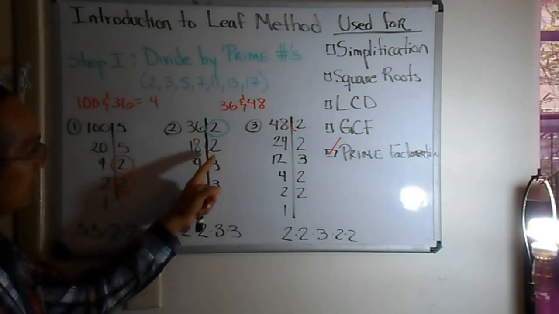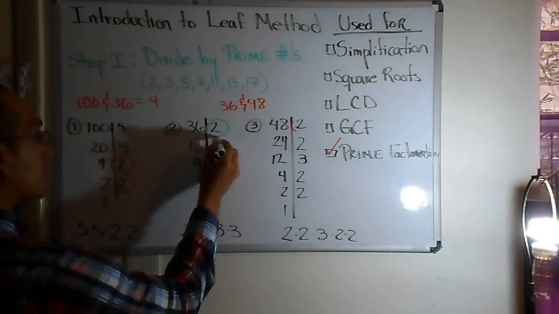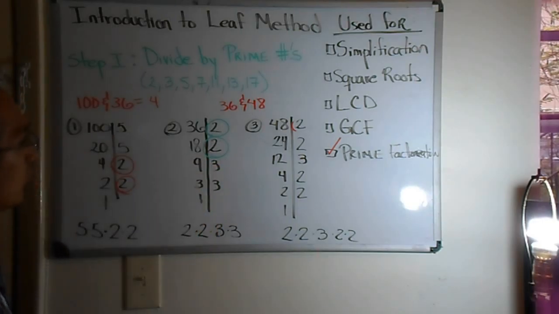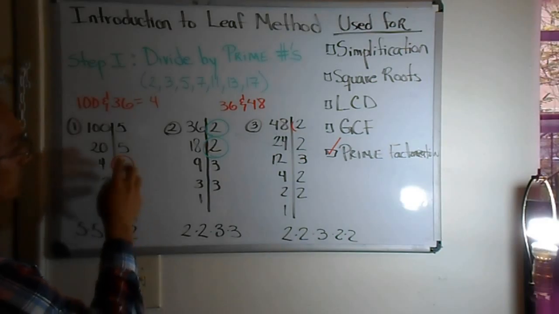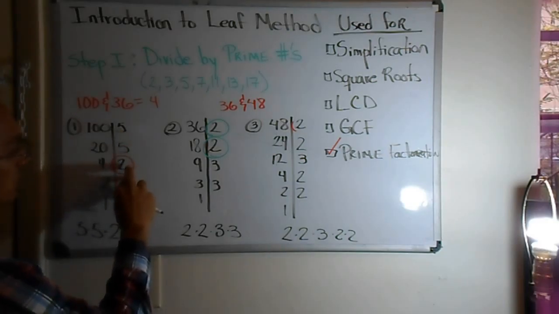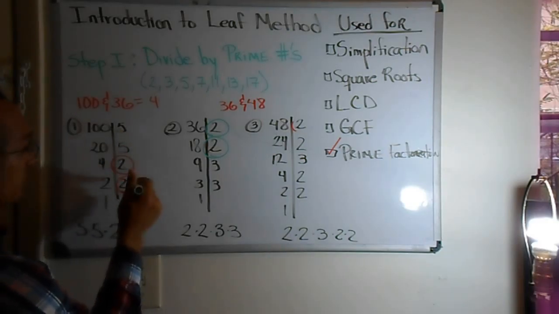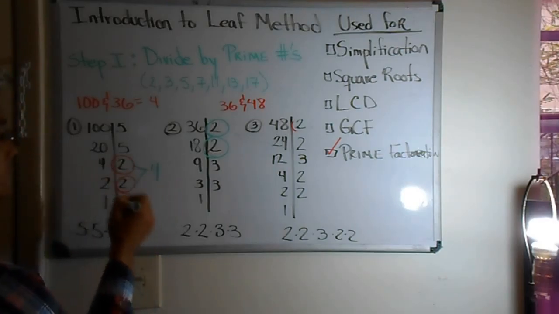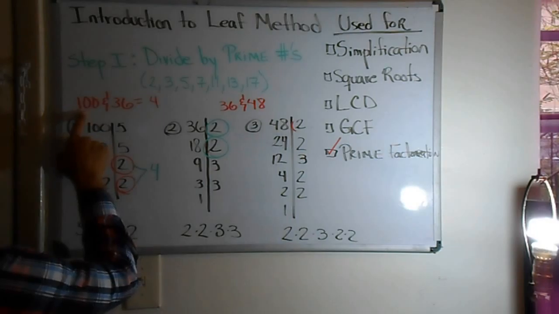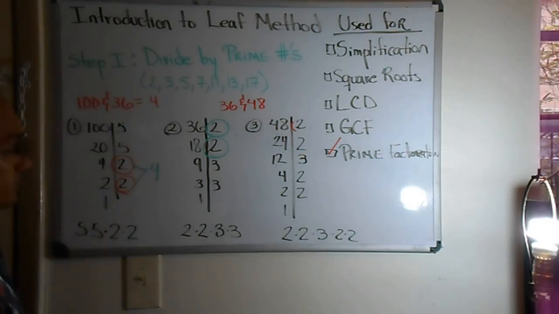Here, the 2 is also the same as this 2, so we circle it. Now, you're going to multiply the two numbers that are circled. So 2 times 2 is 4. Therefore, the greatest common factor between 136 is 4.